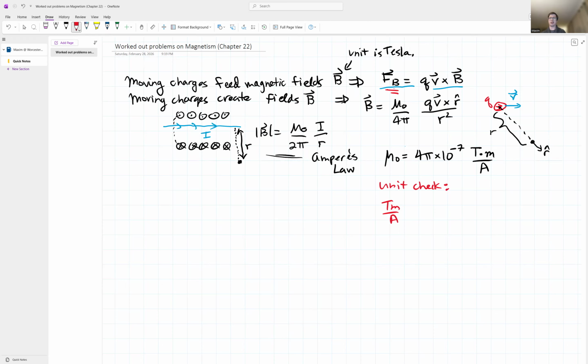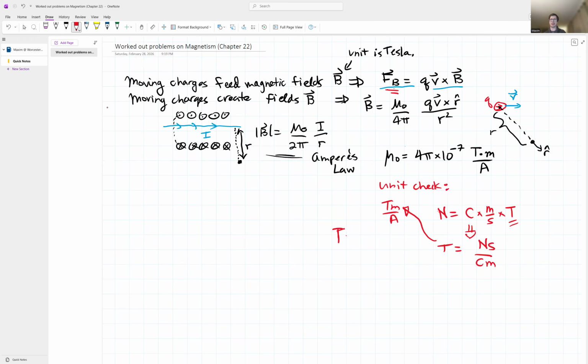From this force formula, you know that you have Newton is equal to a Coulomb times a meter per second, because that's the velocity, times a Tesla. So actually, you can see that a Tesla is the same as a Newton second over Coulomb meter. I'm just solving for T over here. And if I plug this into the unit Tesla meter per amp, then I just get Tesla.